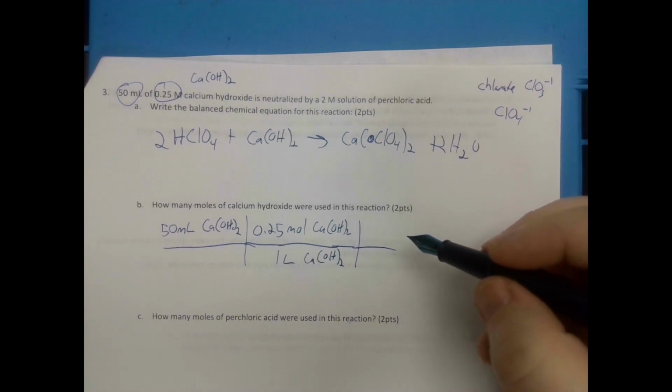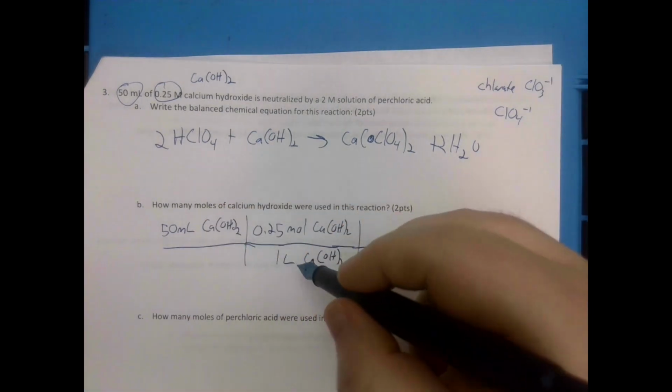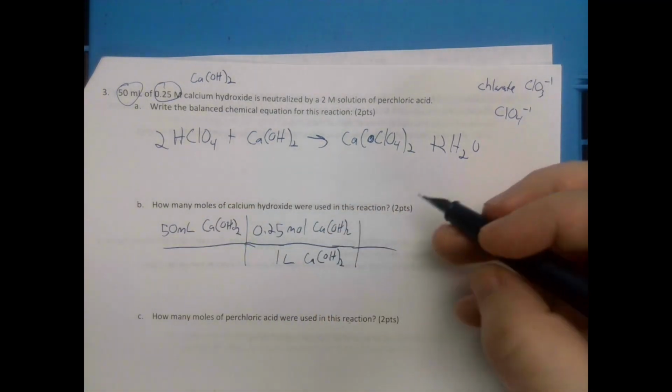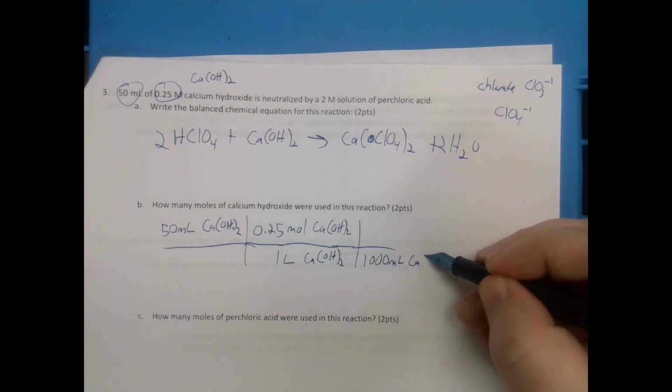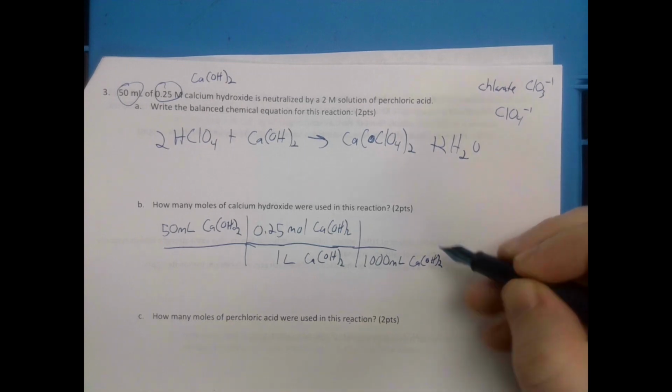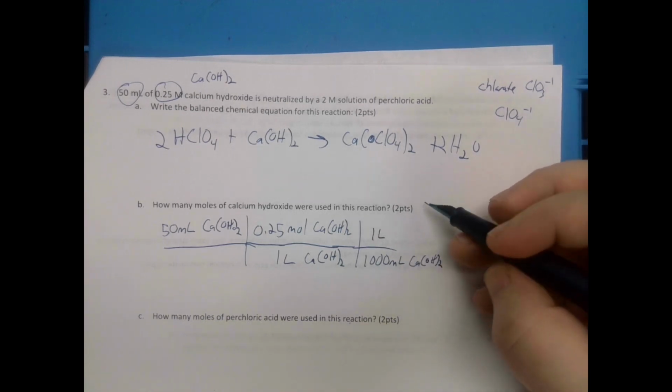We need to cancel out milliliters and liters so we get moles, and luckily we know 1,000 milliliters is equal to 1 liter.